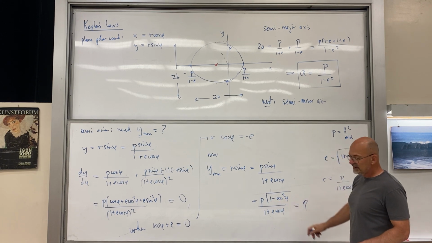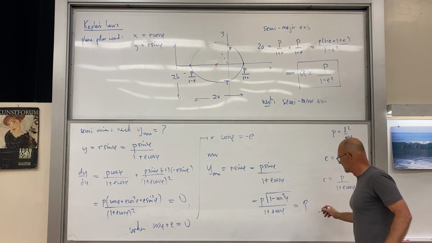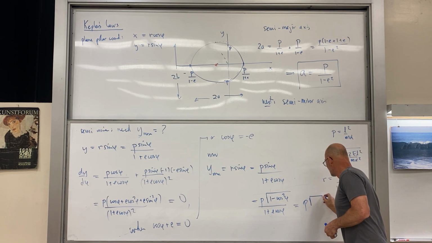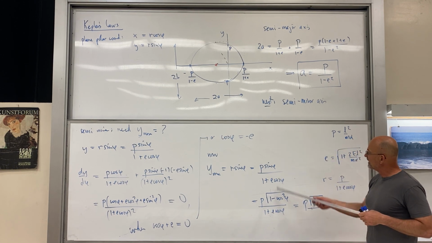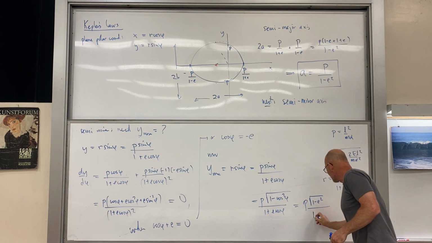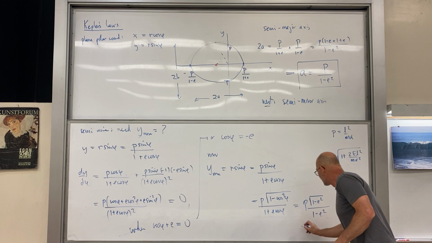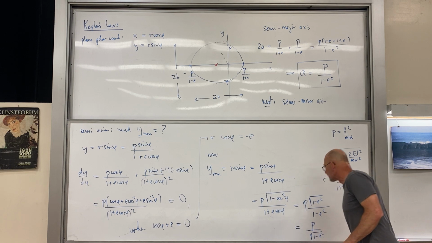Root 1 minus e squared, and in the denominator we have 1 plus e times negative e, so also 1 minus e squared. So that is p over, when all said and done, root 1 minus e squared.